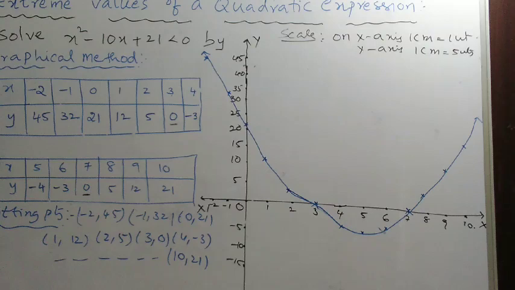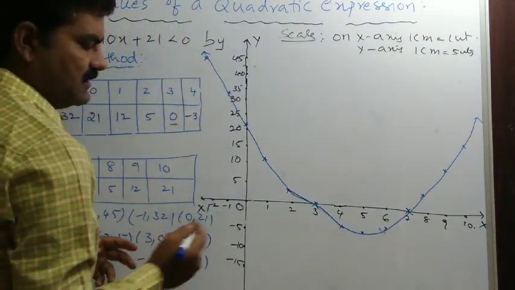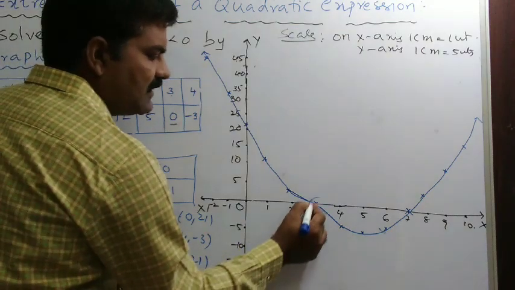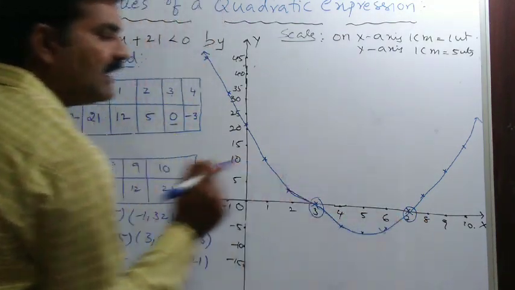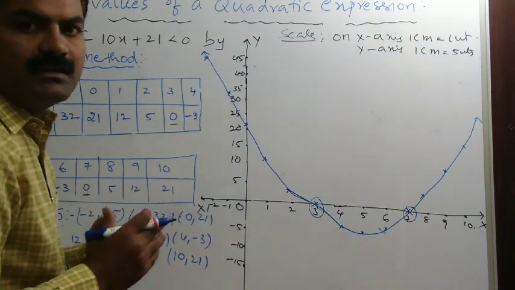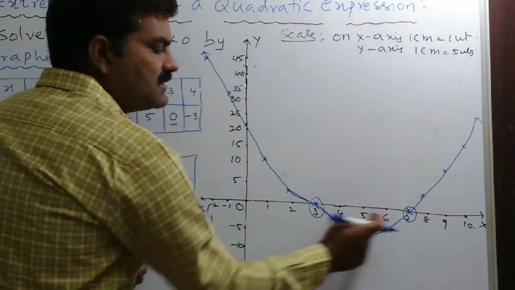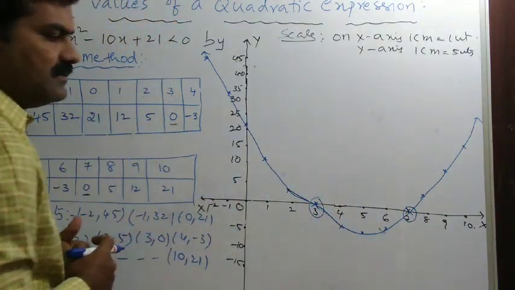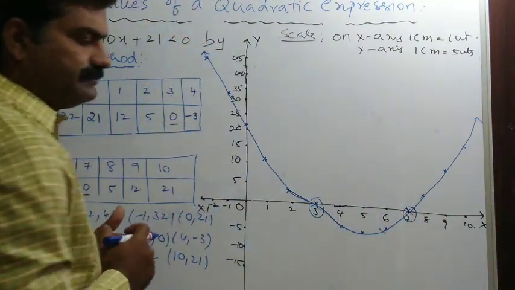For example, the graph meets the x-axis at 3 and at 7. Hence 3 and 7 are the zeros of the given expression, where it is meeting the curve.